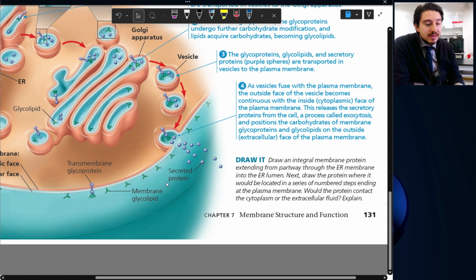So here's your transmembrane glycoprotein, here's a membrane glycolipid, right, that could be exposed to the surface of the cell for whatever it needs to be used for. Okay, so you're starting from the inner side, and you get out to the outer side of the membrane. So that's synthesis and sidedness of membranes.